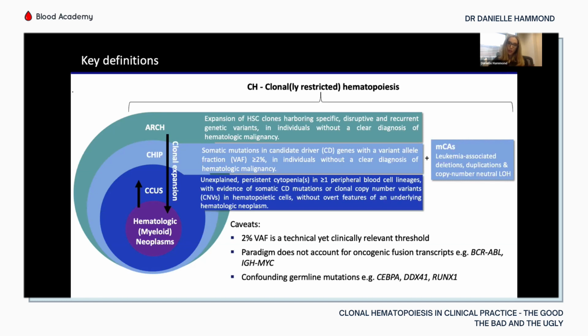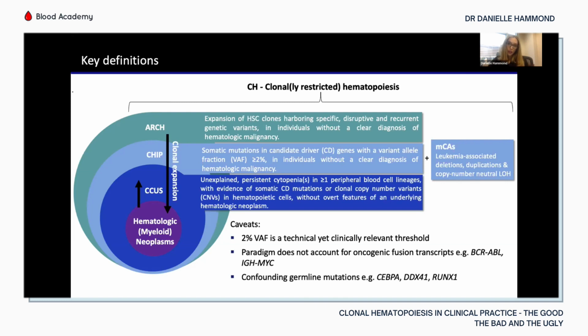And then CCUS, I think of it as the equivalent of smoldering multiple myeloma, whereas CHIP is like MGUS. So with CCUS, this is where we have CHIP, or, not to forget, in addition to somatic point mutations, we can't ignore that there are also mosaic chromosomal alterations. So again, deletions, duplications, or even copy number neutral loss of heterozygosity that are associated with bona fide hematologic malignancies, for example, trisomy 8 in MDS.